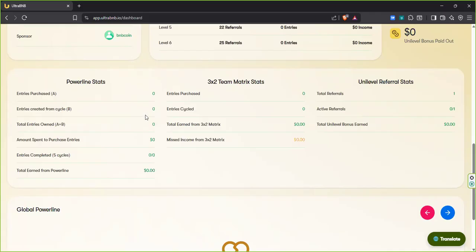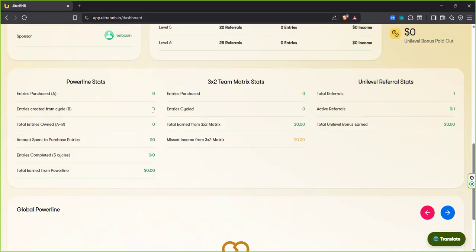Yes. So if it completes the 5 cycles, then it will be recorded here as 5. And you have the entries purchased here as 1, meaning your purchased entry out of your pocket has completed 5 cycles.